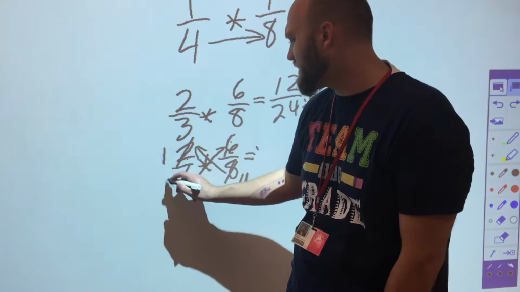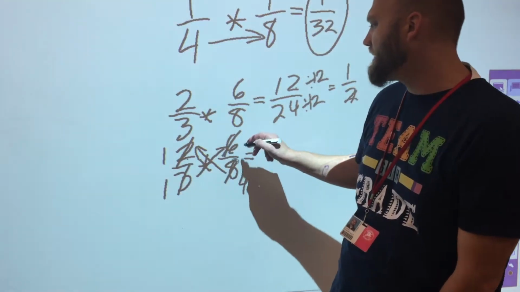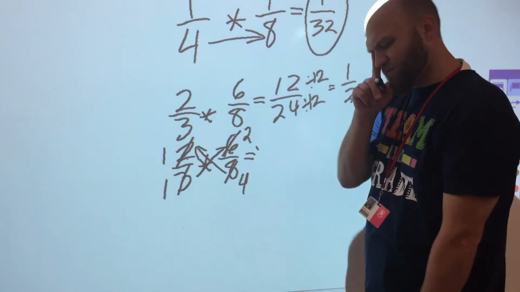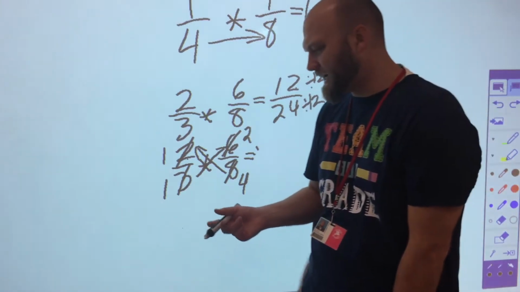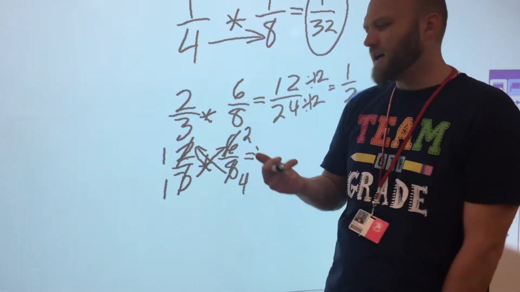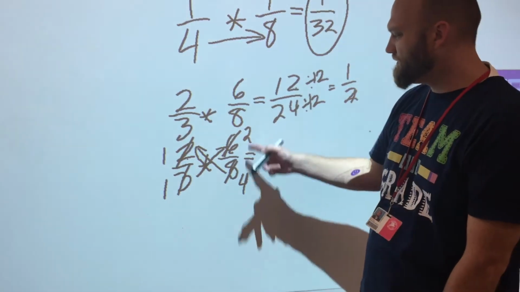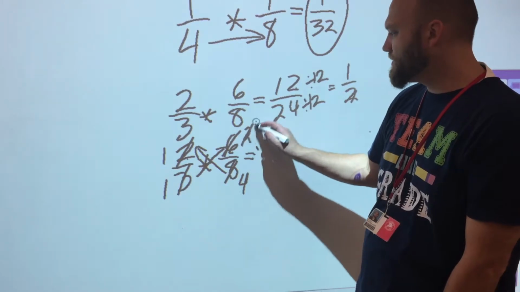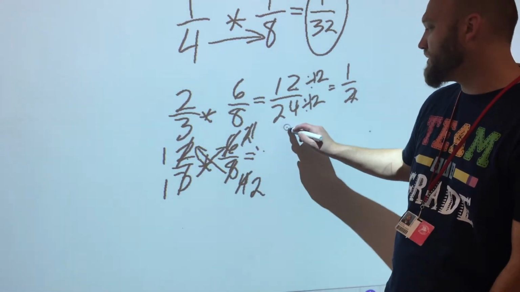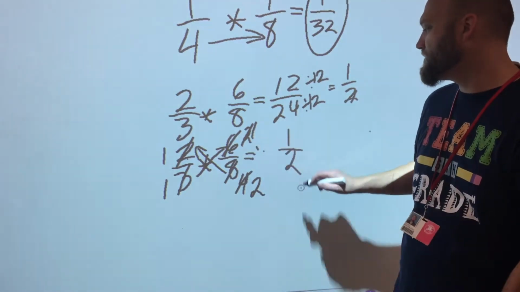Well, 3 divided by 3 is 1, 6 divided by 3 is 2. And I might say, okay, so you simplified by 2, and then you simplified by 3. I can simplify again with 2 and 4. 2 divided by 2 is 1, and 4 divided by 2 is 2. And what I'm left with is 1 times 1 is 1, and 1 times 2 is 2.